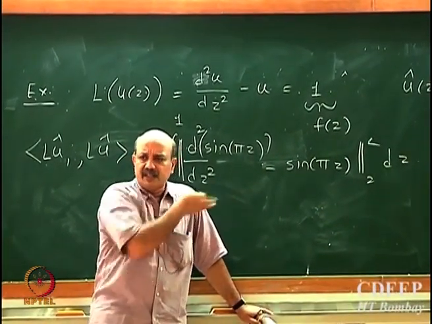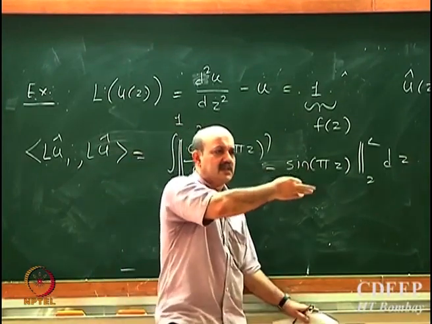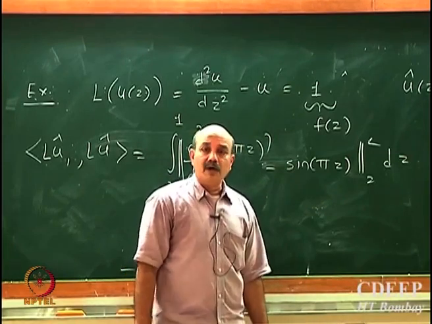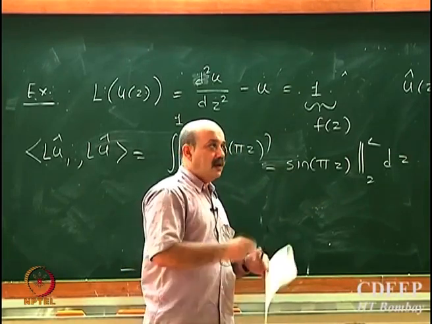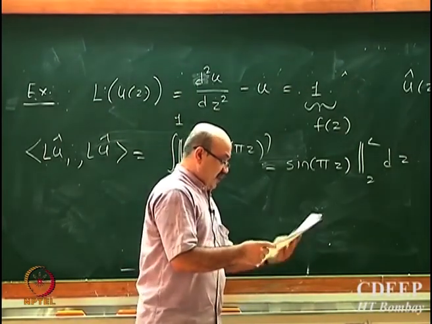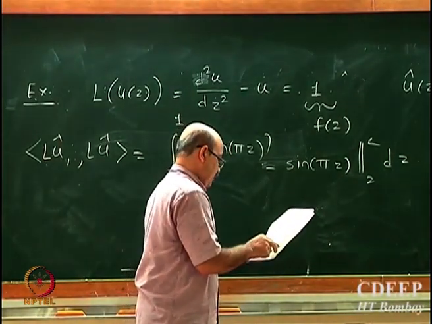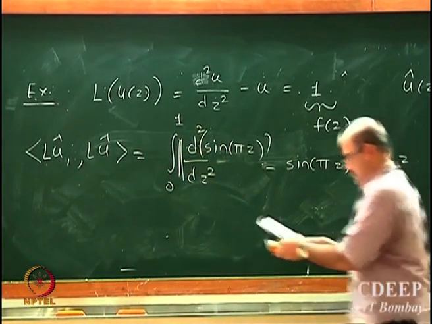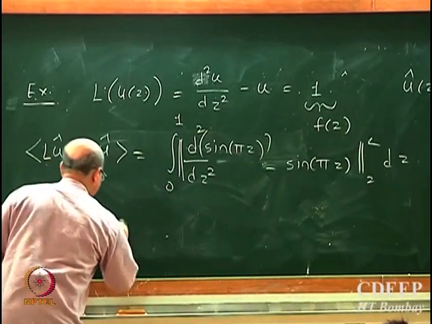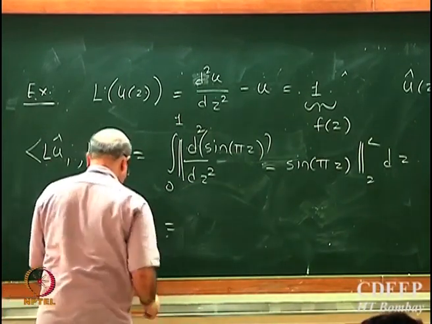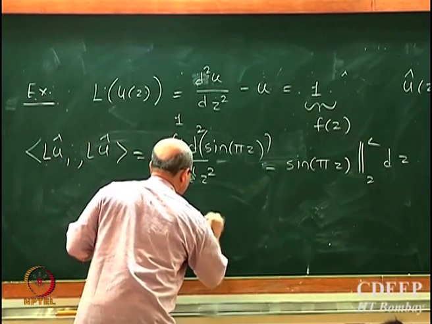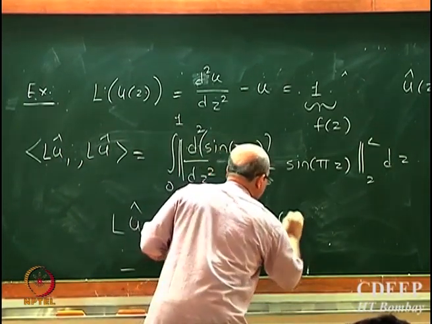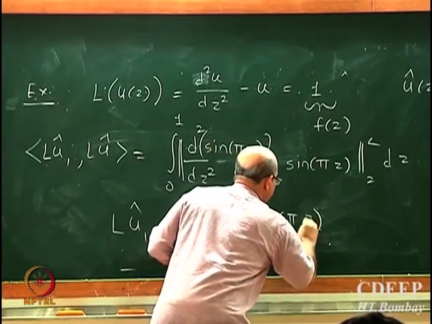This integral I can do, it's not so difficult. You have to be a little bit patient and do these integrals. If you work out these integrals, I'll write down what you get. What you can show very easily is that L u1 is equal to minus (pi squared plus 1) sin pi z.